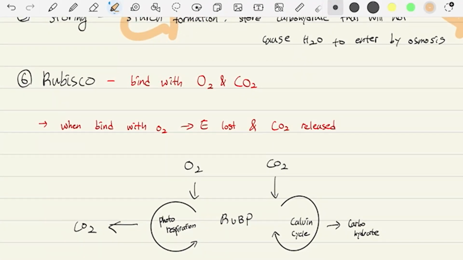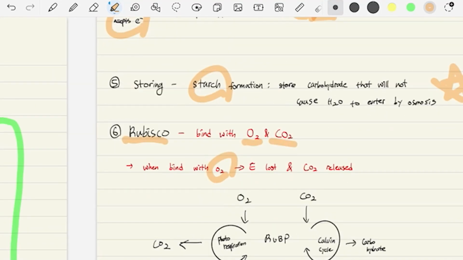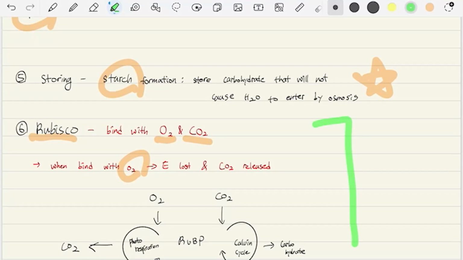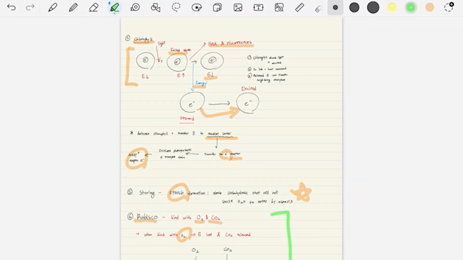And we're going to talk a little bit more about the rubisco that I mentioned in the front. And rubisco is the one that binds with the oxygen and the carbon dioxide. And when they bind with the oxygen, the energy is lost and the carbon dioxide is released. This part is a little bit excessive information, so it's not that important, but you have to know what rubisco is.